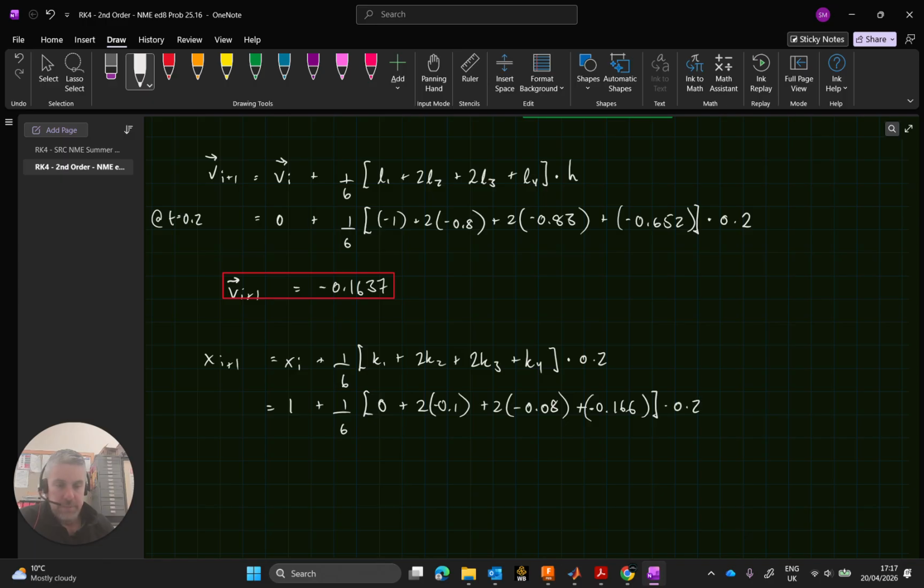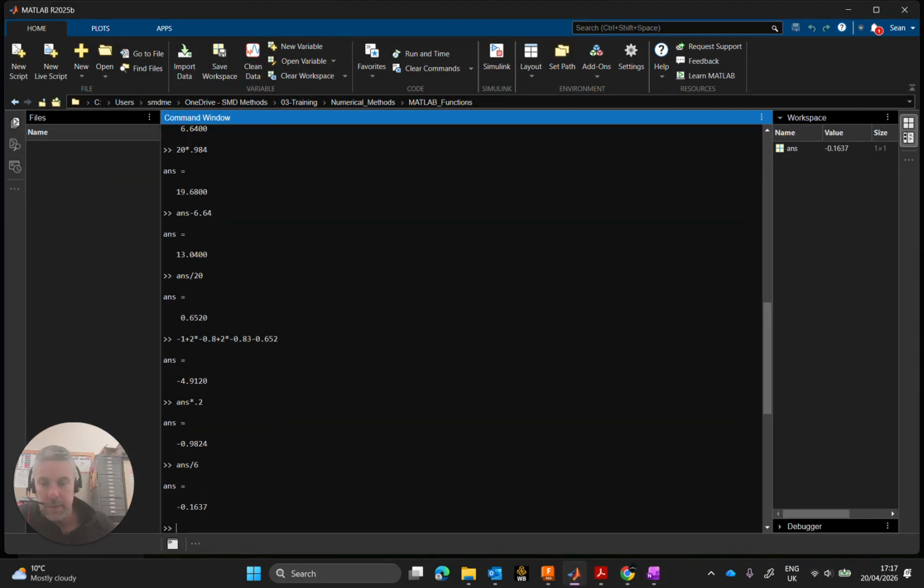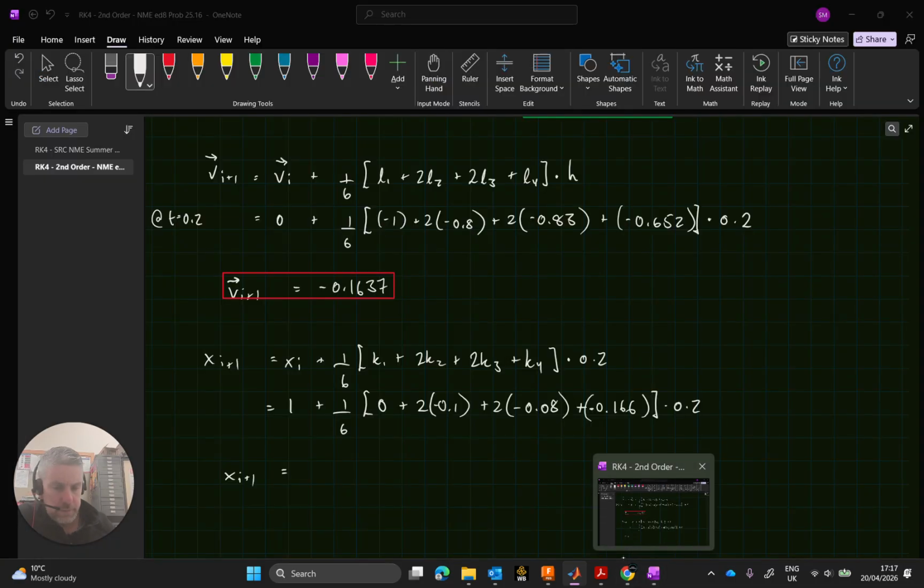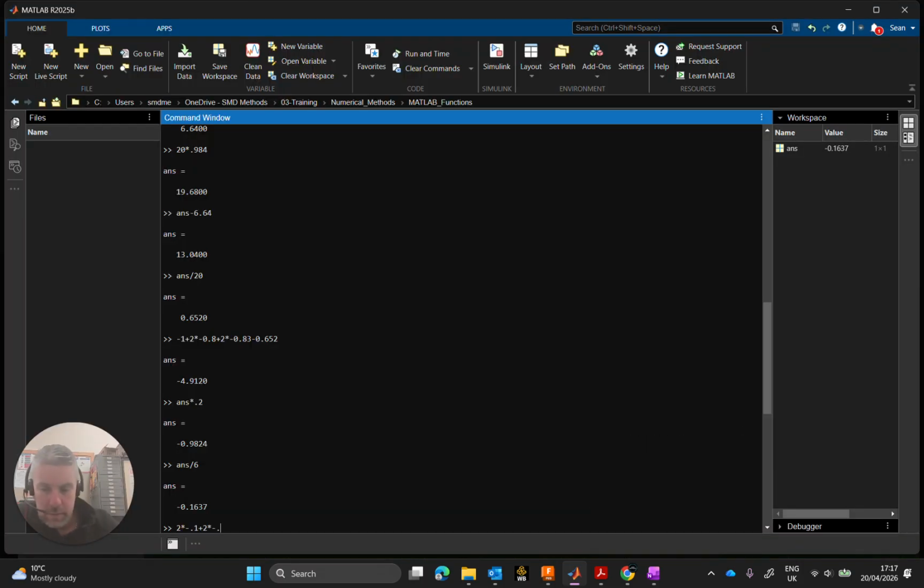So let's try this again in MATLAB as best we can. I'm just going to ignore the 0 and go from here on in. Let's go for 2 multiplied by minus 0.1 plus 2 multiplied by minus 0.08, was it not 0.08? Yeah, 0.08.